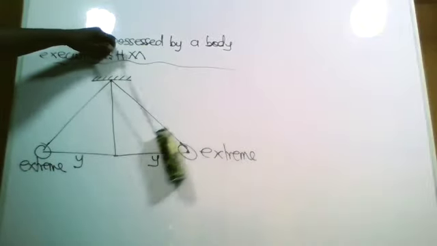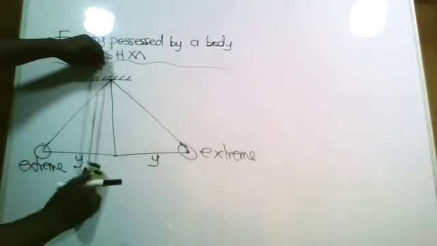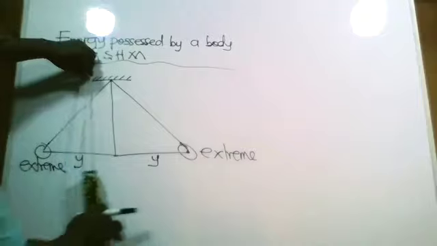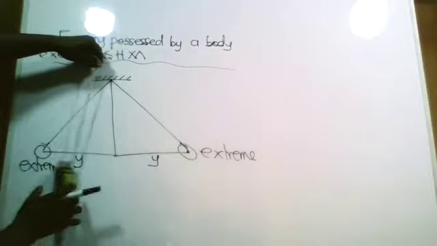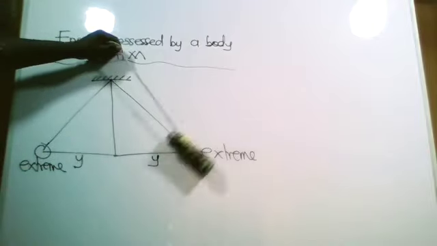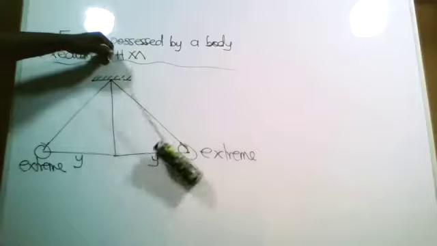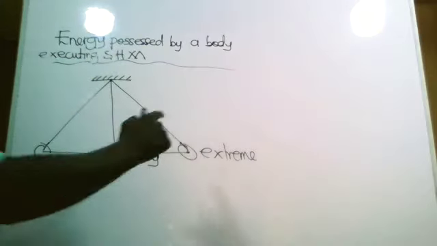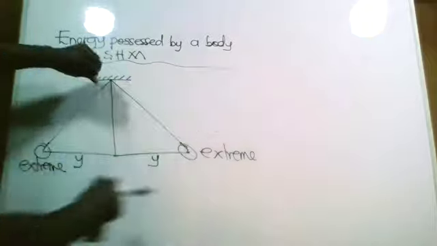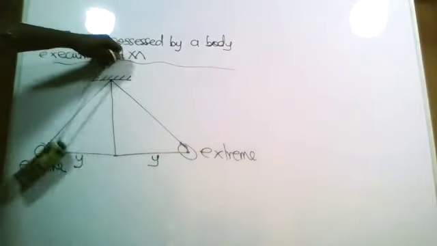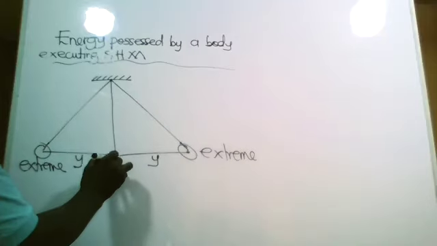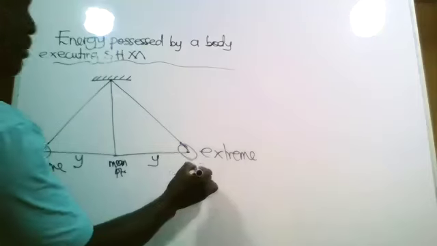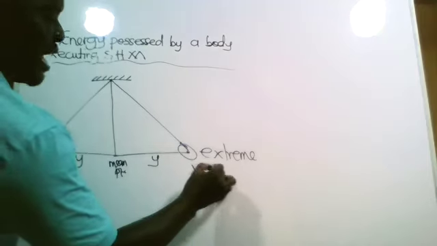the body stops. You ask yourself, why is it that when it gets to one extreme, it doesn't continue but stops, comes to the other part, and then stops again? It means that at that point, the speed with which the body is moving drops to 0. So at the extremes, the velocity is 0.